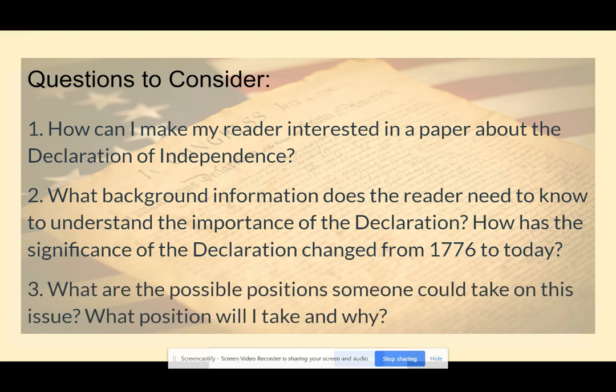So what are the possible positions someone could take on this issue? Right or left? Lean right, lean left. But if you were to look at the whole DOI, is the DOI itself leaning left or right? Right.